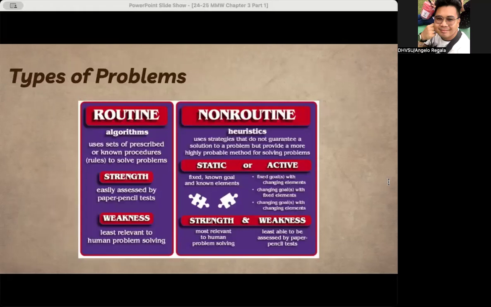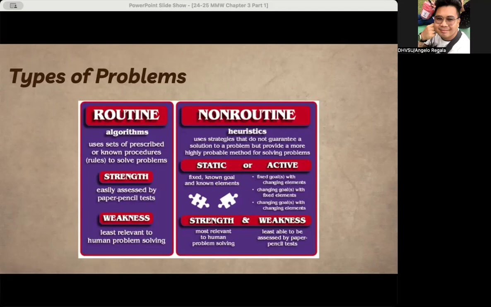The beauty of this approach is that it can be tested using paper and pencil. Yun nga lang, kapag human problems ang pinag-usapan, medyo alanganin or hindi tugma ang routinary problems, kasi nga, may equations ka. Ito usually yung mga problem solving na binibigay sa inyo sa mga exams.